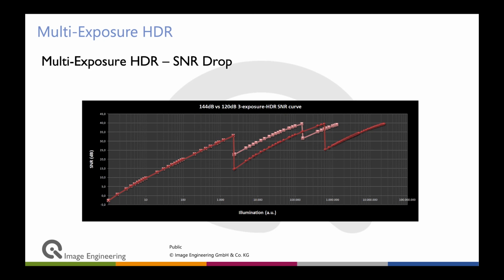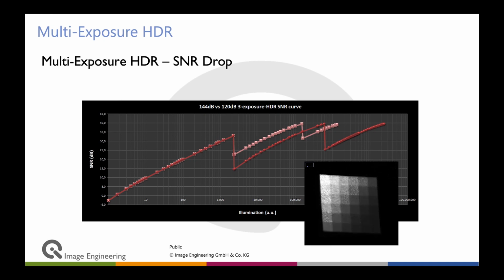In this case, we have two drops because we have three exposures, and these drops happen when you go from the bright part of one image to the dark part of the next image. That's where you get noise where you don't expect it, and we get these SNR drops.